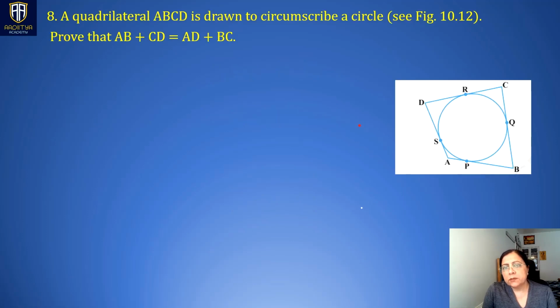This question says a quadrilateral ABCD is drawn to circumscribe a circle. Prove that AB plus CD is equal to AD plus BC.